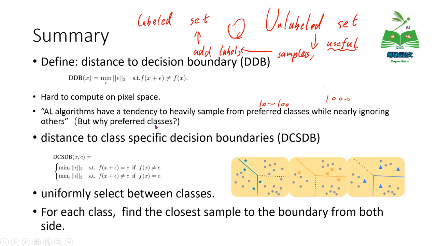But why does this happen in the preferred classes? Maybe it's also an interesting problem to evaluate why those categories are easier to be sampled. Never mind. For this problem, they propose a balanced decision boundary distance between the classes.